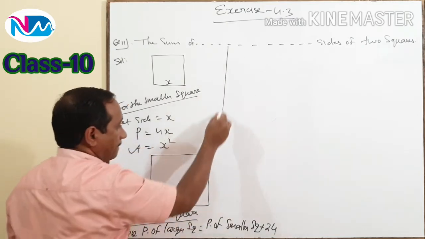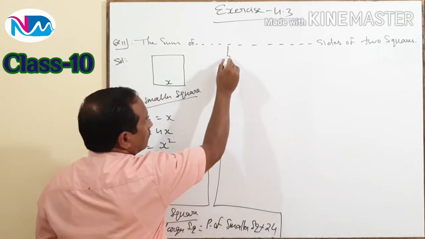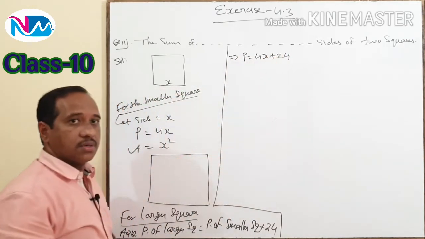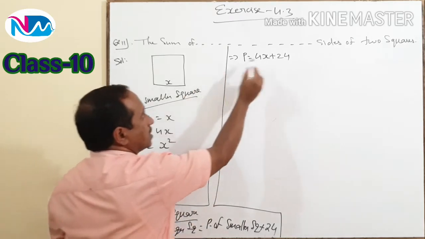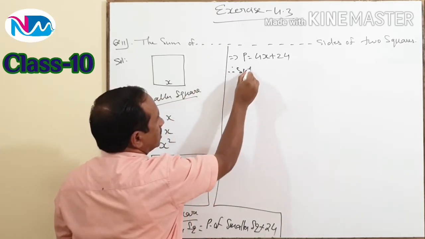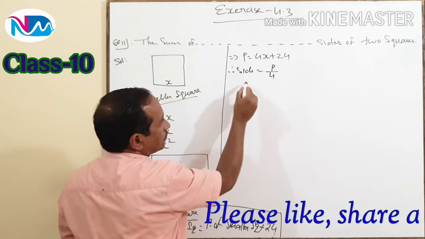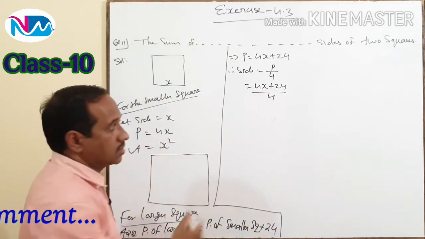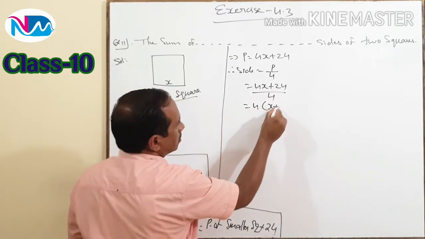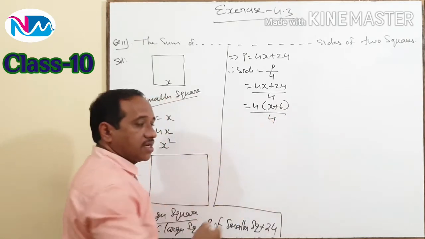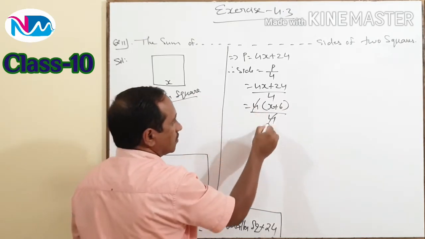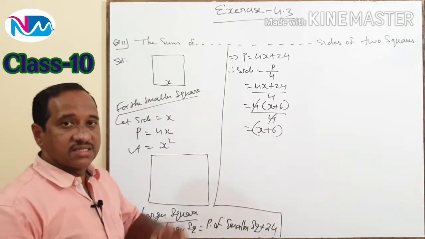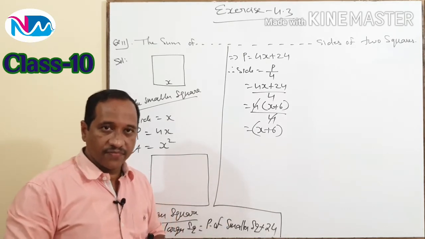That is, perimeter is equal to 4x plus 24. For a square, if the perimeter is given, then the side is equal to perimeter by 4, that is equal to 4x plus 24 by 4, which is 4 into x plus 6 whole divided by 4. 4 and 4 will be cancelled, so we are getting x plus 6 as the side of the larger square.